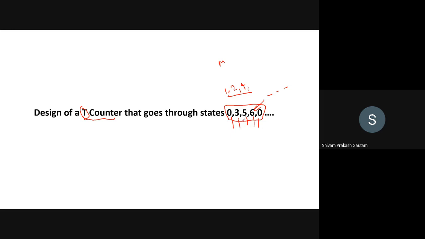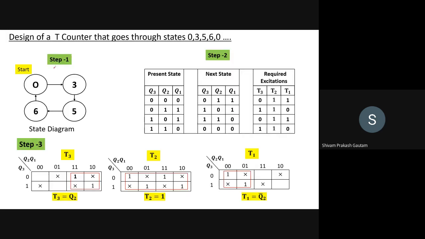6, and 0. So you can see the first state is 0, then 3, then 5, and then 6, right? Since we require T flip-flop, we write the present state and next state. So the first state is 0, then this is 3, and this is 5, and then this is 6. After 6, it should again go to 0.